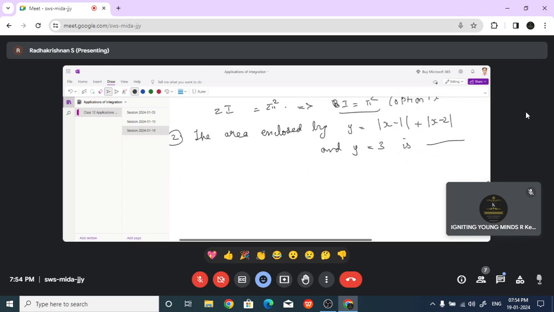Can anybody tell how to approach this? Sir, we want to draw a graph, sir. Right, right. So how will you draw the graph, given y equal to mod x minus 1 plus mod x minus 2?